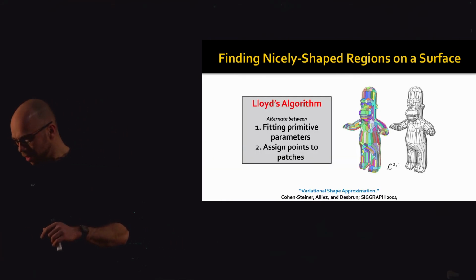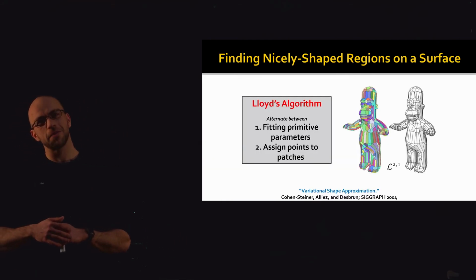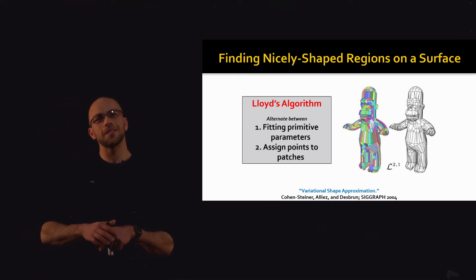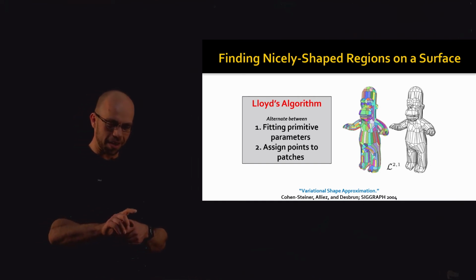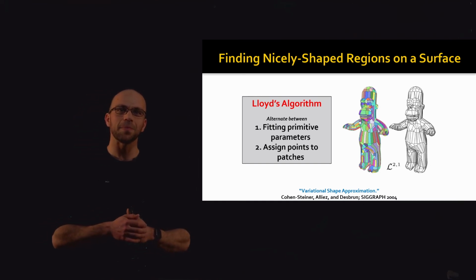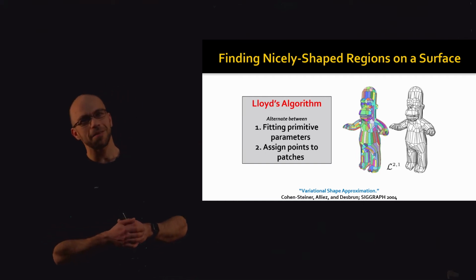Now, all of these different algorithms have all kinds of fun extensions. Lloyd's algorithm is one other example of a k-means-like algorithm that alternates back and forth between some averaging step and some clustering step.